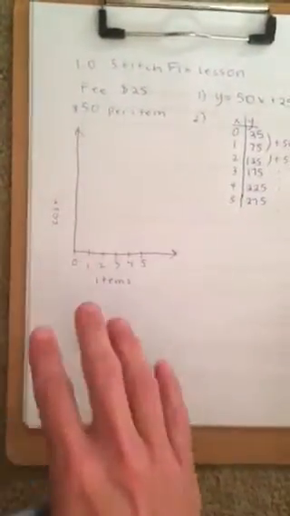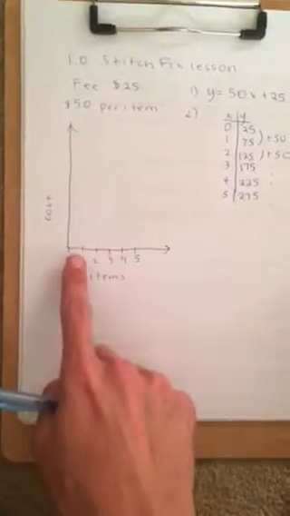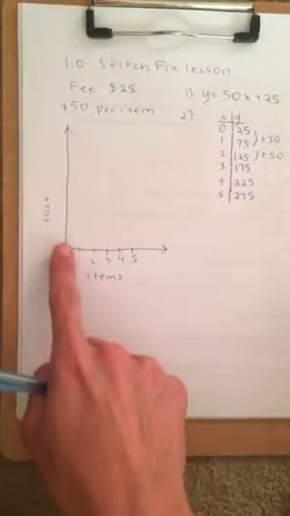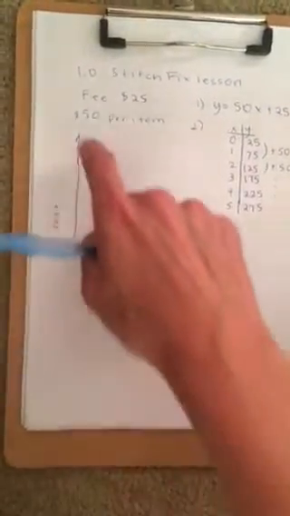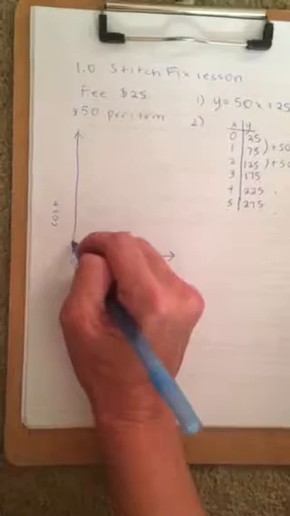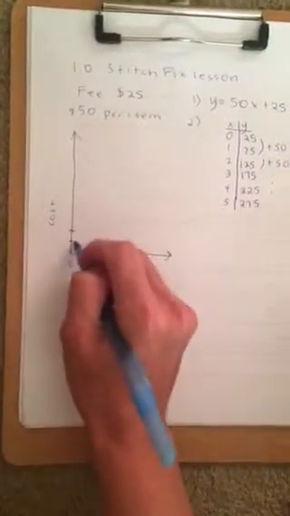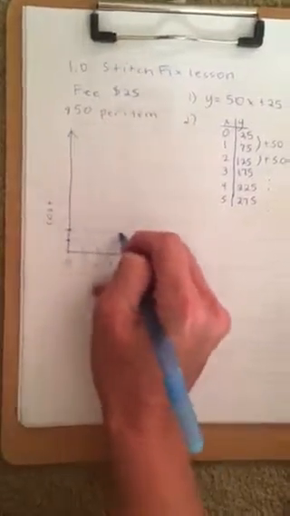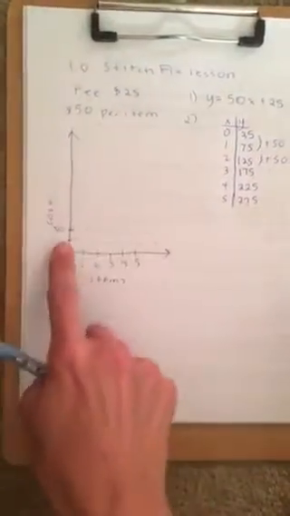So I'm going to ask you on graph paper, you're going to create a graph that is at least 5 this way. And then going up, I'm going to ask you to skip every other. So this is my graph. You're going to skip every other and you're going to go up by 50s. And we're going to talk about why.